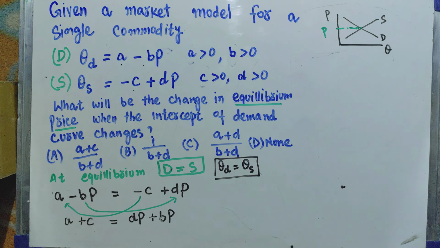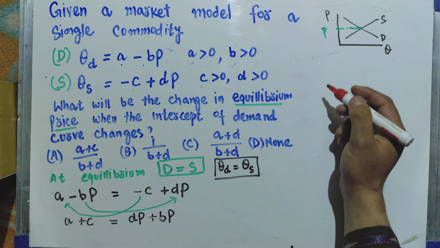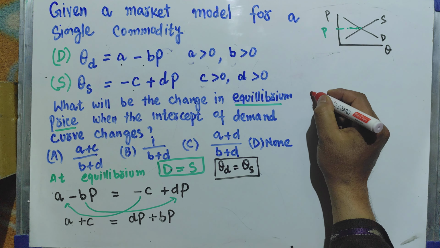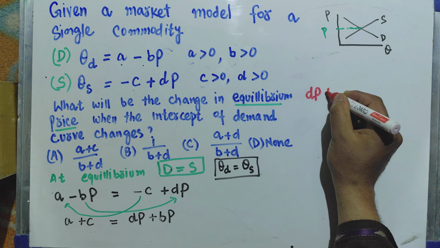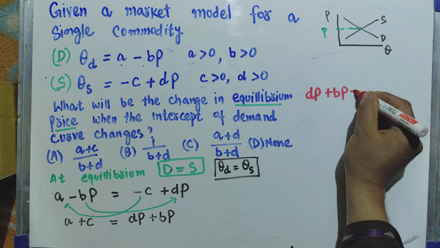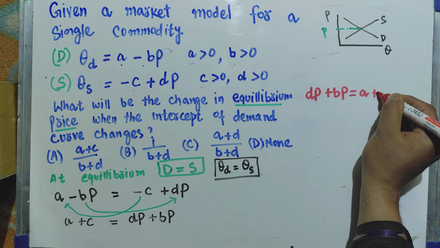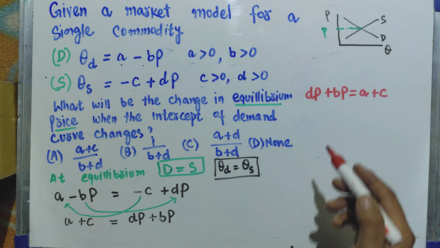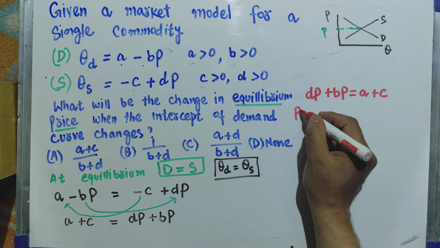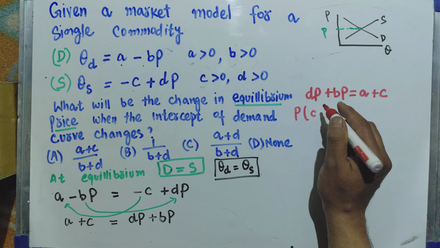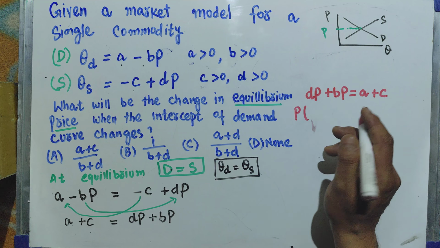Or can we rewrite it like this? Can I write it like this? dP plus BP is equal to A plus C. Let us take P common. We are left with P times D plus B.